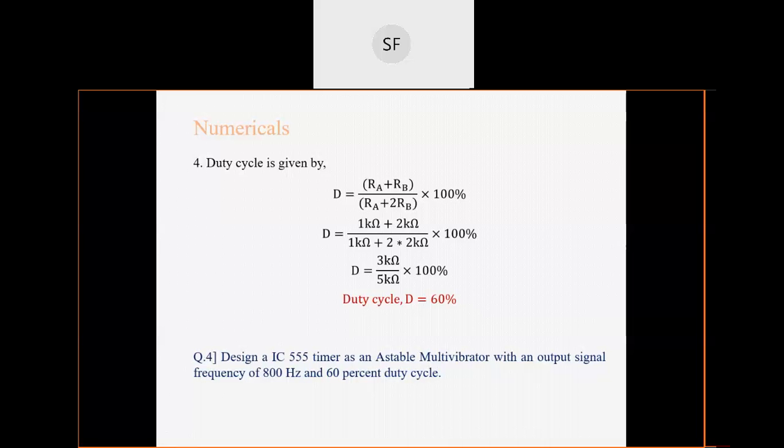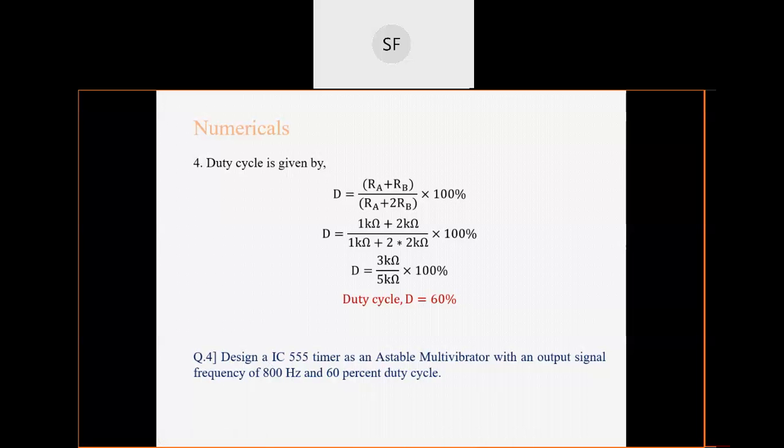They have not asked you to find out the values of RA, RB and C, but here this term is very important: they have asked you to design. Whenever there is design, you need to find out the values of all the resistors and all the capacitors in your circuit.